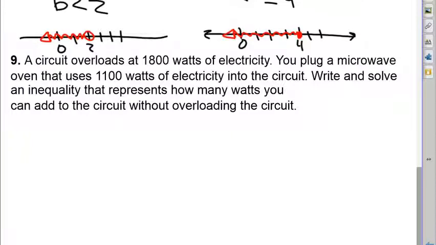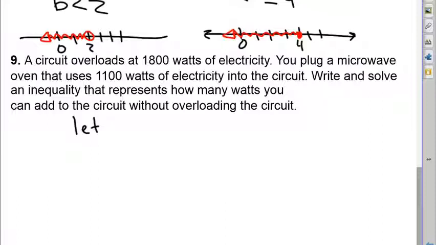In our word problems, our first step is going to be to define our variable. What is it that's unknown that we're trying to solve for? And it's that last sentence that tells us: write and solve an inequality that represents how many watts you can add to the circuit. So what we're going to do is first write a statement.